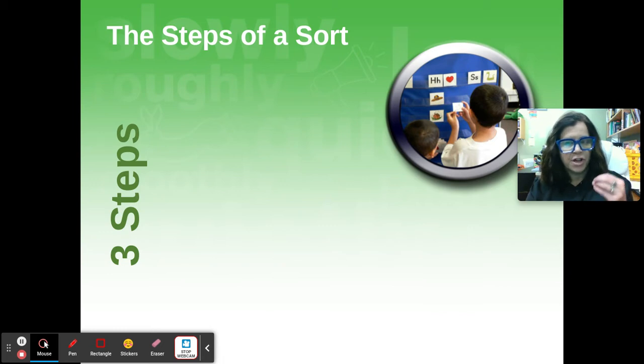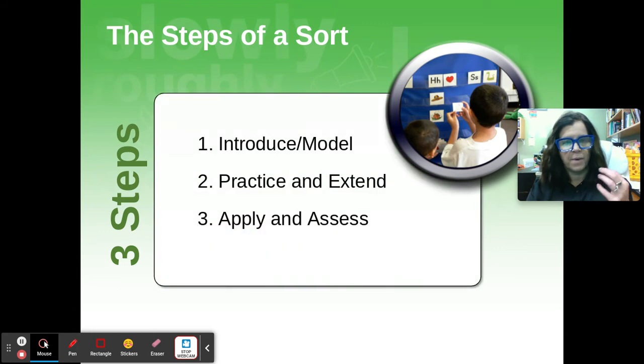So there's three main parts of Words Their Way when it comes to teaching them. The introduction and the modeling is extremely important. That is really the teacher part of it. It typically happens one day. You'll be introducing the sort to your students, and you'll be getting that sort. You can either get it on your digital subscription, or it's in the workbooks themselves, depending on what you decide to use.